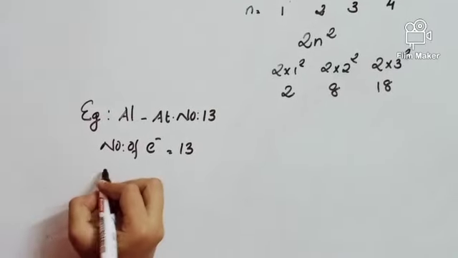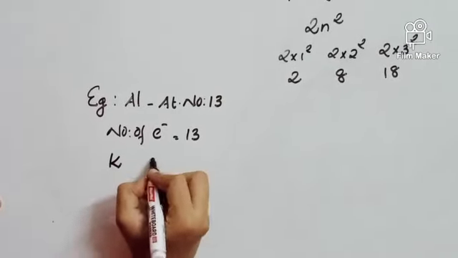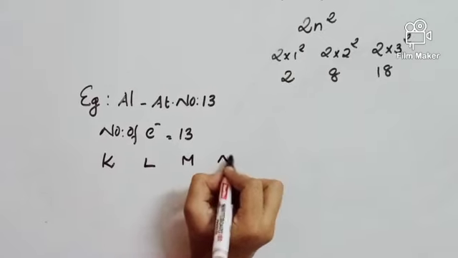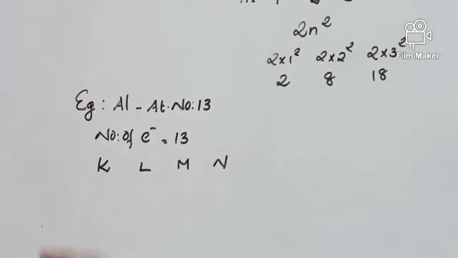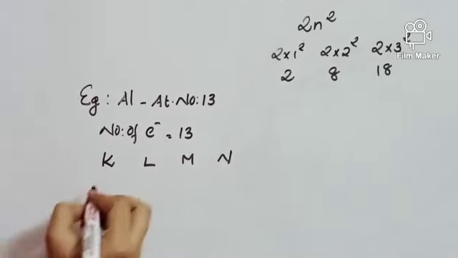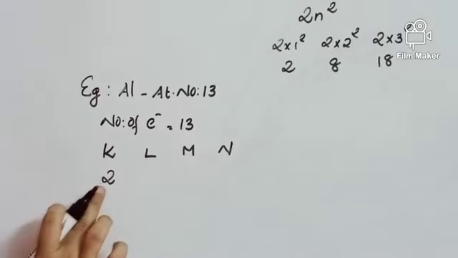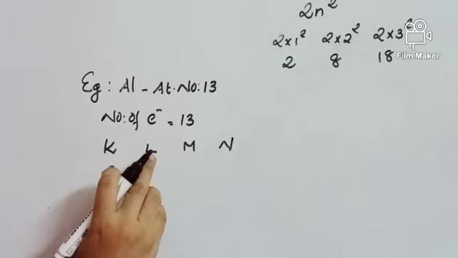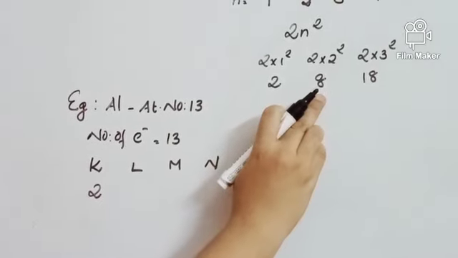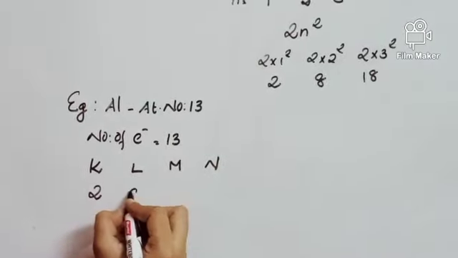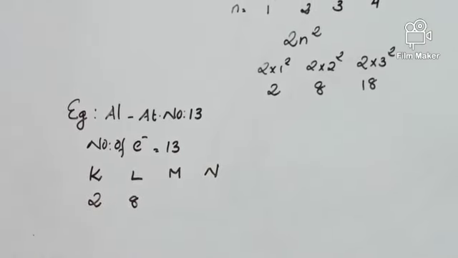Now we can write the electronic configuration using the shells K, L, M, N. The K shell can hold a maximum of 2 electrons, so first we write 2. The L shell can hold a maximum of 8 electrons. Therefore 8; 8 plus 2 is 10 electrons.